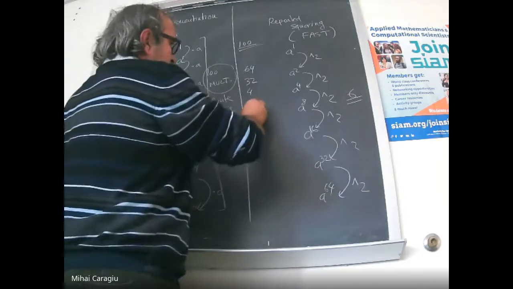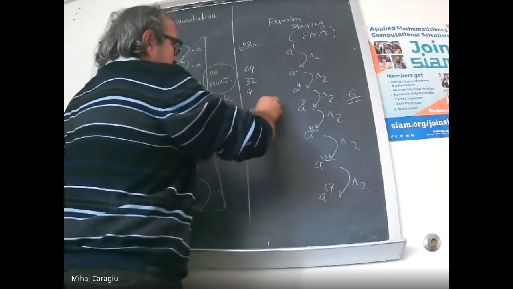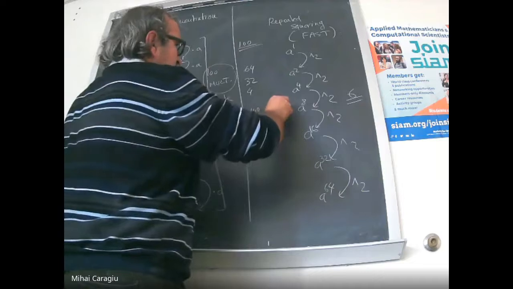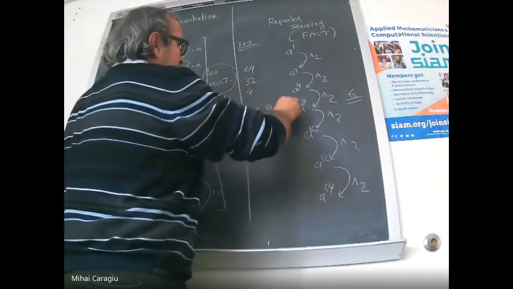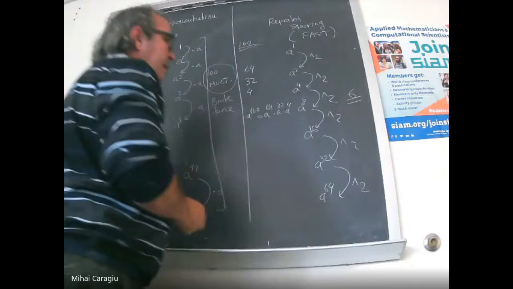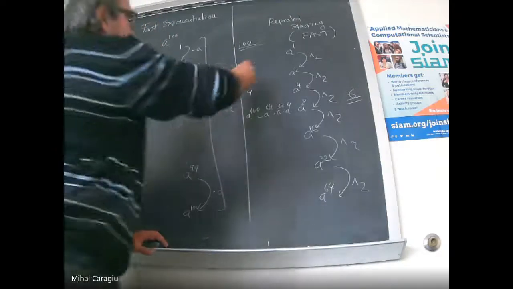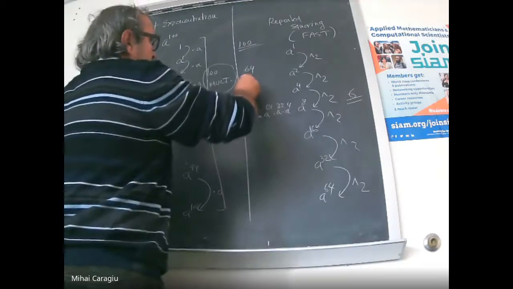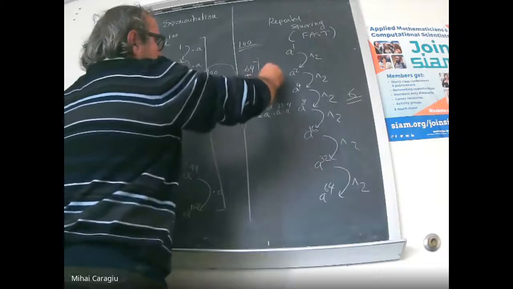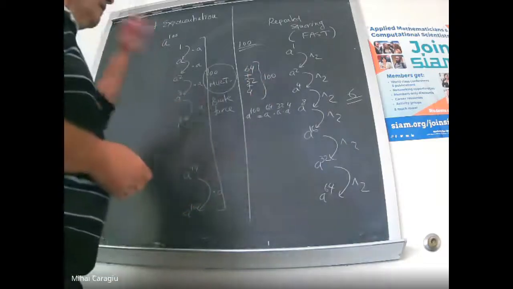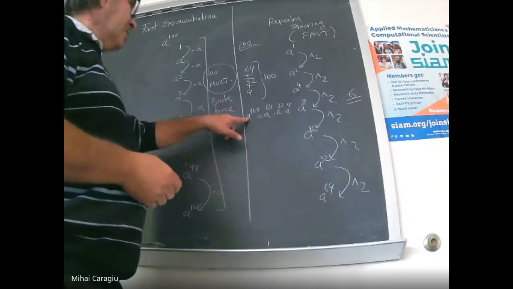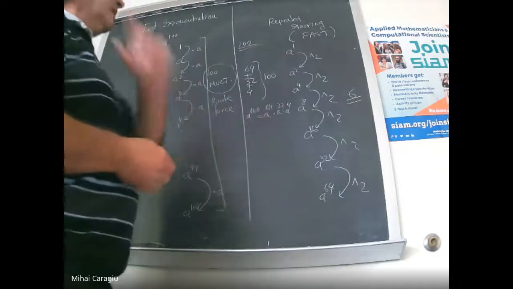Basically, a to the power 100 equals a to the power 64 times a to the power 32 times a to the power 4, because 64 plus 32 plus 4 is 100. The exponential of the sum is the product of the exponentials.